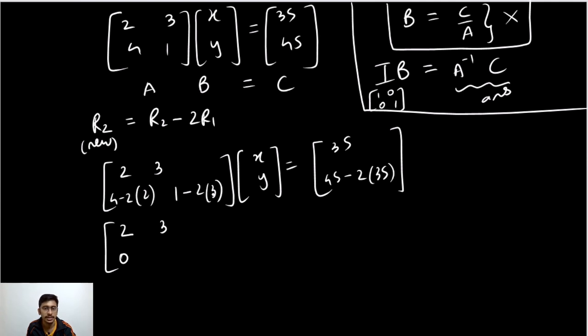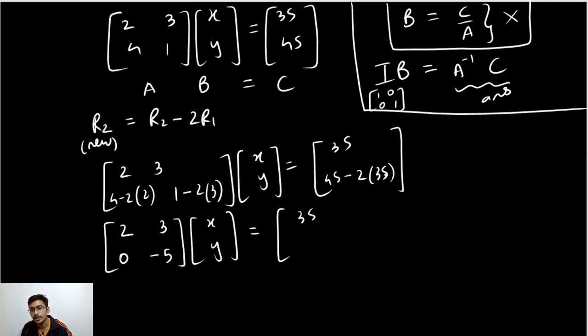But 1 minus 6 is minus 5. So minus 5, I've got it over here. And XY is equal to, what's left over here? It's 35 and 45. 35 2s are 70. So 45 minus 70, how much is it? It's minus 25, right? So this is what we are left with.